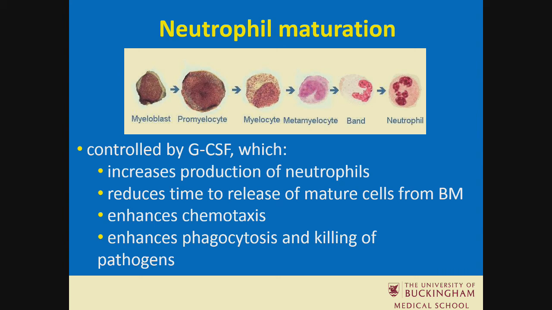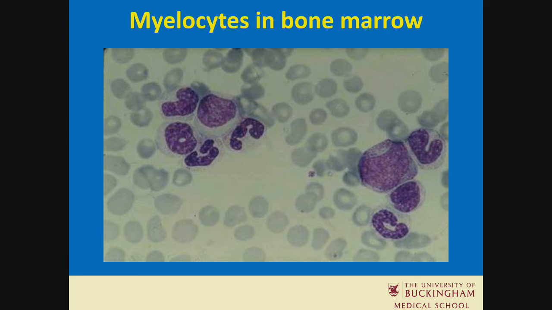The latest stage, and probably quite recognizable, is a band cell, the precursor of a neutrophil, and at this stage it's released into the circulation. This process is under control of granulocyte colony stimulating factor, which also has other roles in activating neutrophils. So if you look here, it's probably a metamyelocyte there with a lobed nucleus, myelocyte or promyelocyte, and then a band cell. That's the step before the formation of the mature neutrophil.